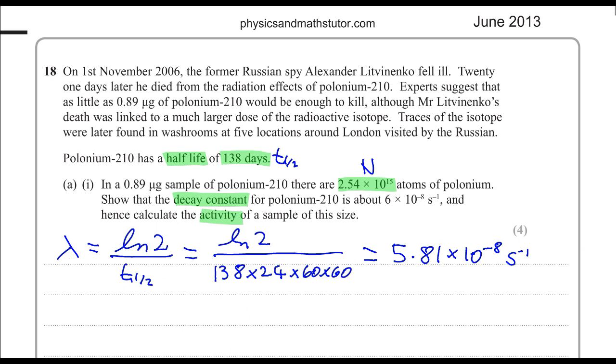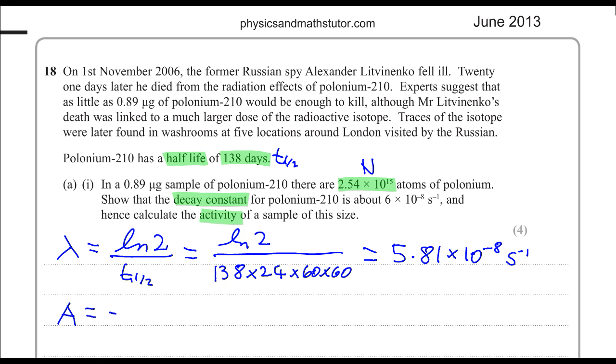Once we know lambda, we can go to finding the activity, because the equation for activity involves lambda and the other quantity that we haven't made use of.